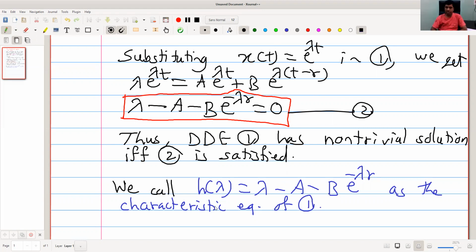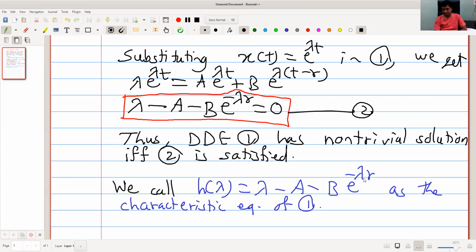Now what is the difference between this equation and the corresponding equation of ODEs? We already have seen that in the ODE case we have a characteristic polynomial. Here we have a transcendental equation because of this term e raised to minus lambda r. And we know that if we have an nth degree polynomial, then we have n roots with multiplicity.